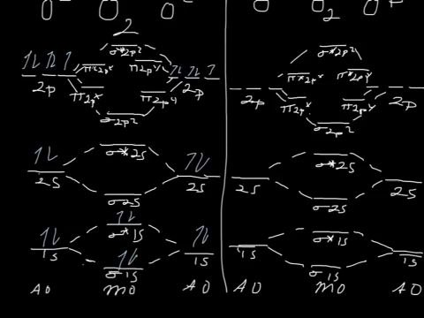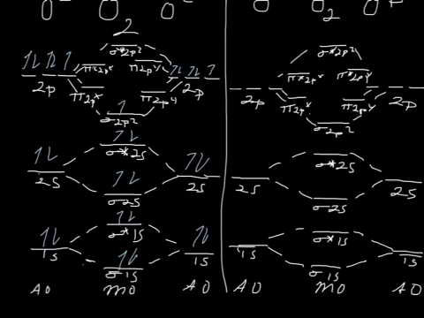Let's go up to 2s. Same thing. We're going to have 2 electrons down in its sigma and its sigma star. And then let's go up to its p orbital. So we have a total of 10 electrons we can work with. Now, the way this works is we want to fill the lowest energy right here, and we go up. So with our 10 electrons, let's start distributing them out.